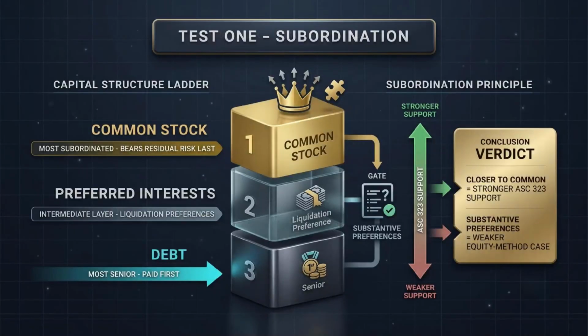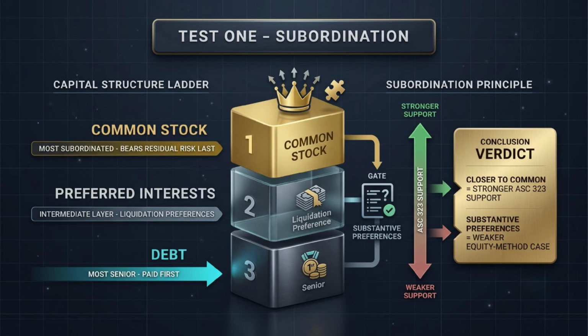The first test is subordination. Common stock is normally the most subordinated ownership layer. It bears residual risk after more senior claims are satisfied. Debt is usually paid first, preferred interest may sit in the middle, and common stock is last in line.